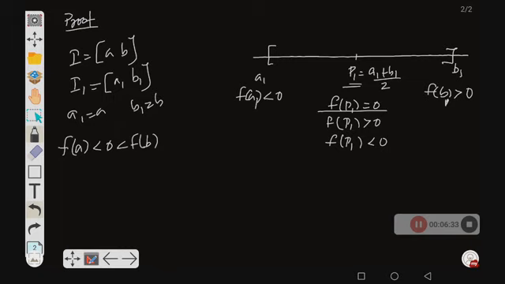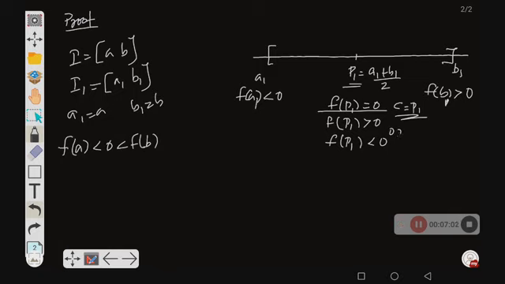So if f of p1 equals 0, we can take c as p1 and we have proved it. The proof is enough for c equal to p1. When c equals p1, our proof terminates.